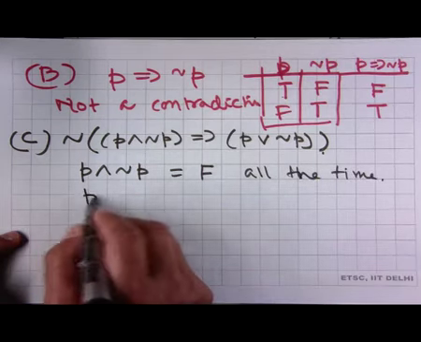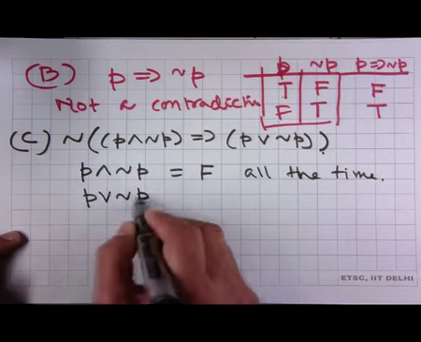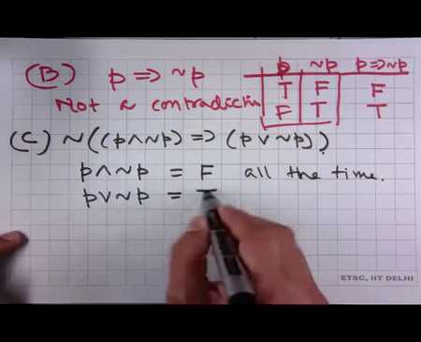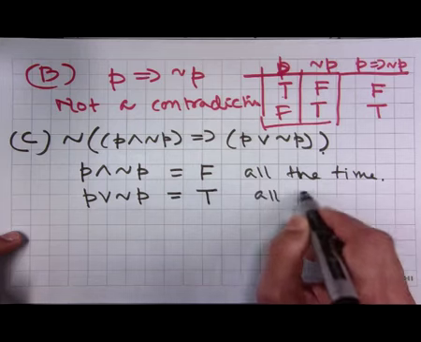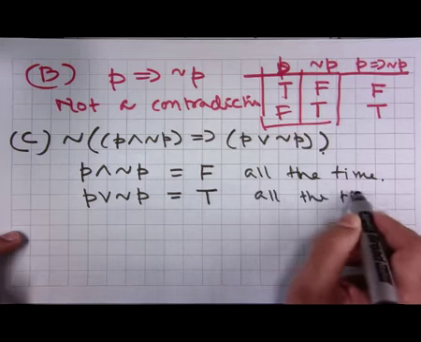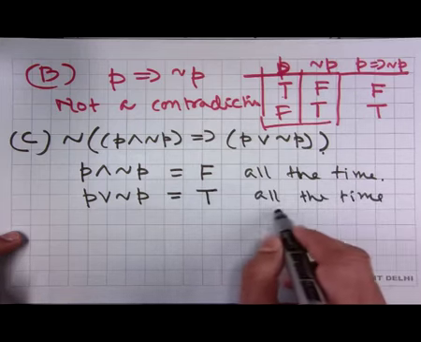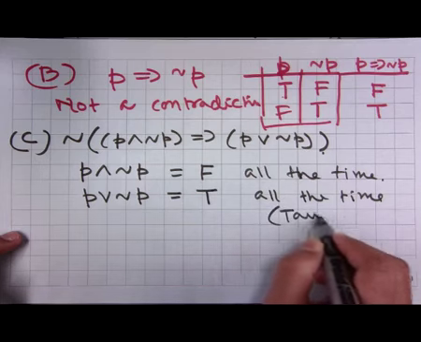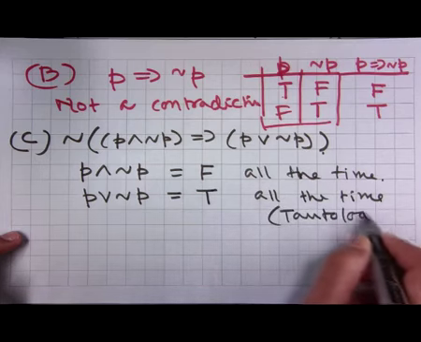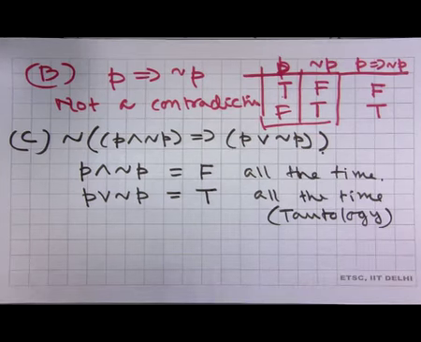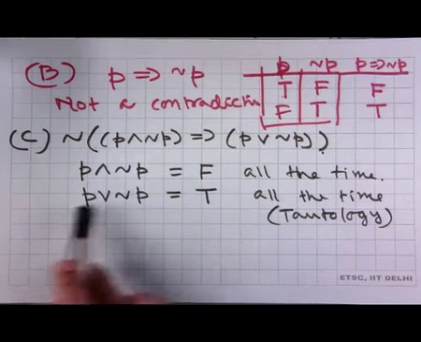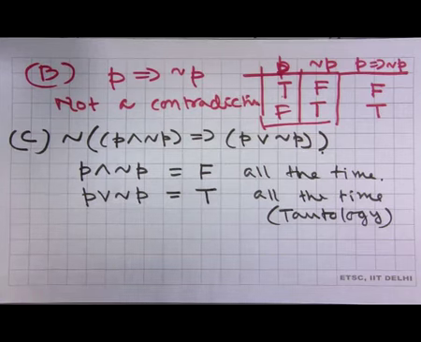And P or not P is a tautology which is true all the time, right, because it is a tautology, as either P or not P, one of them will have to be true. Therefore, P or not P will always be true.